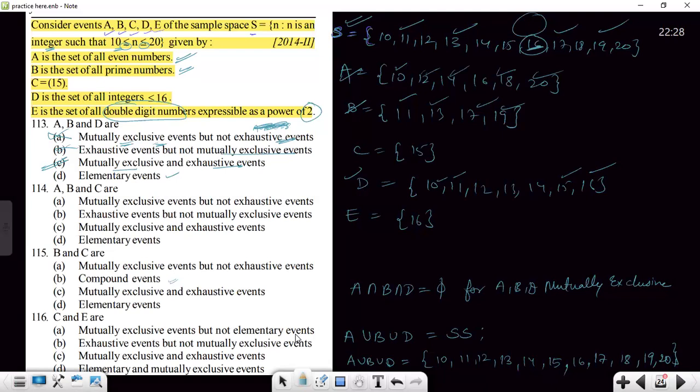All the elements of the sample space are there in the union set. So if it is so, then we may say that these events collectively are exhaustive. So if they are exhaustive and mutually exclusive both, then C is the correct option. Clear? Yes, sir.